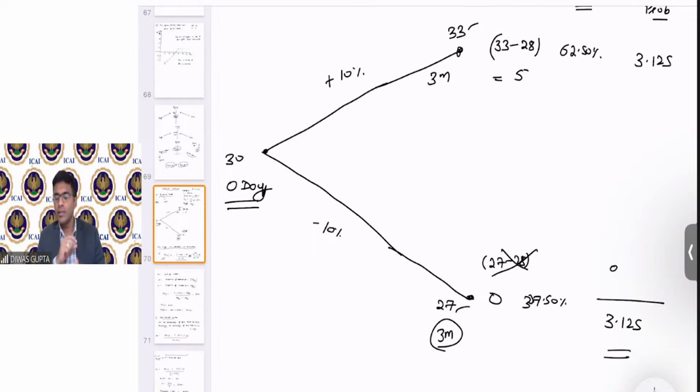With that, we first construct the tree. After constructing that tree, for whatever end nodes have come, we calculate the probabilities. Those probabilities will be used to calculate the payoffs adjusted with the probabilities. And then the present value will be taken to calculate the overall amounts.